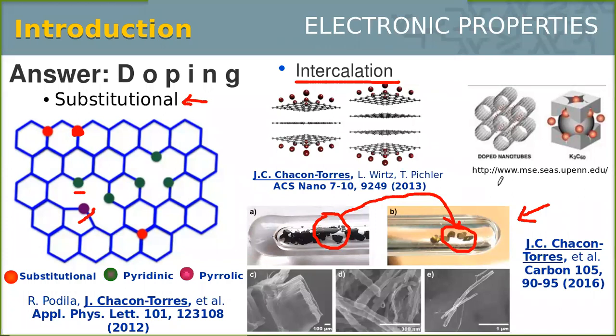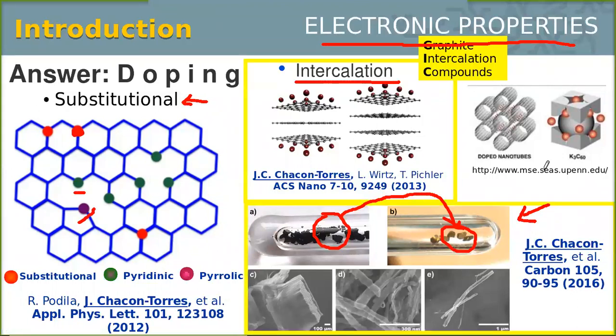That per se changes the electronic properties, the optical properties, and the mechanical properties of the material. But as I said, I'm interested now in discussing with you the electronic properties of these carbon nanostructures. So, once again, graphite intercalation compounds will be the solution that I will present today during this presentation.